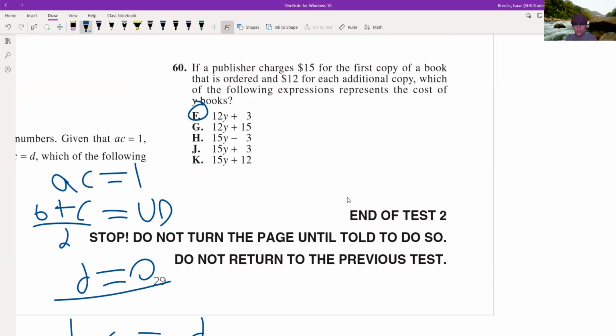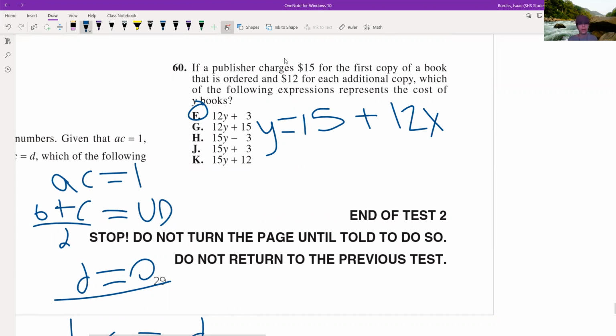A publisher charges $15 for the first copy and $12 for any additional copy. What is the cost of Y books? And of course, I chose G, and that is not correct. Oh, I know why for this one.